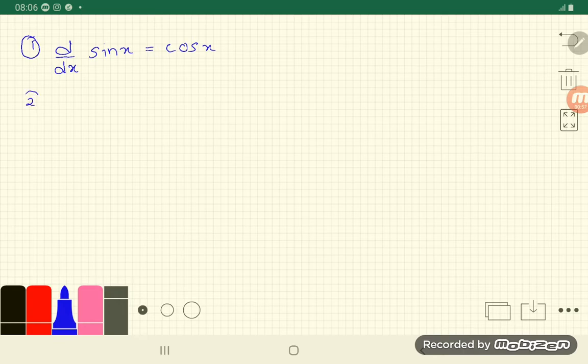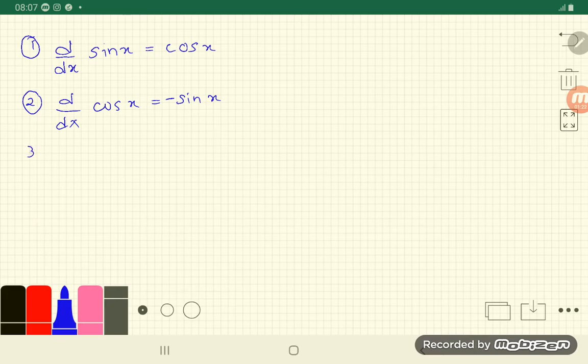And the second one, if we try to differentiate cos x, here we are going to get a bit different value, which is sine x, but it must be in terms of negative.